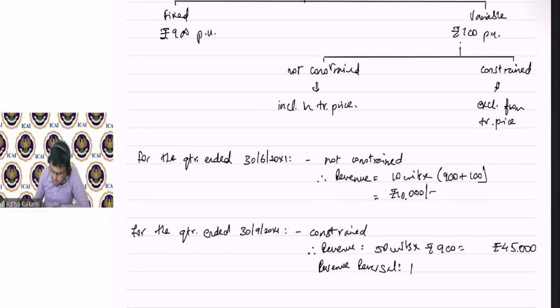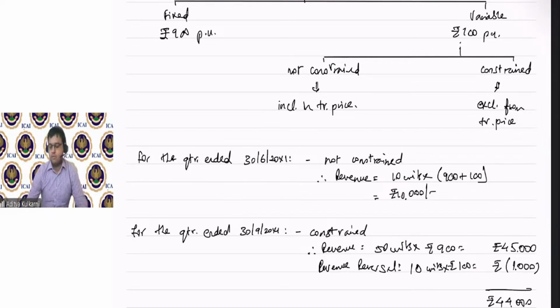How many units? 10 units into rupees 100. That gives you 1,000. So 45 minus 1, the revenue that you will recognize is 44,000. Are you clear with this? Yes. Are we clear with this question? Yes. Okay.